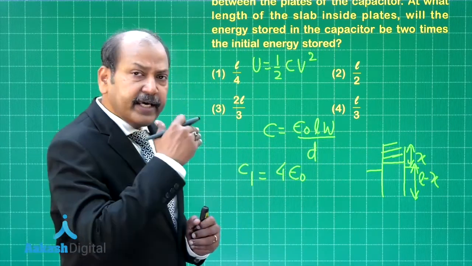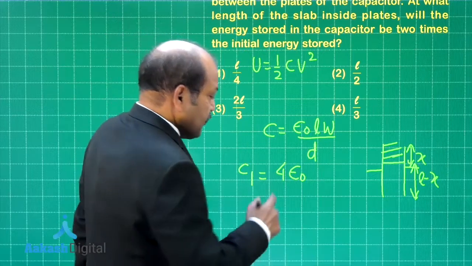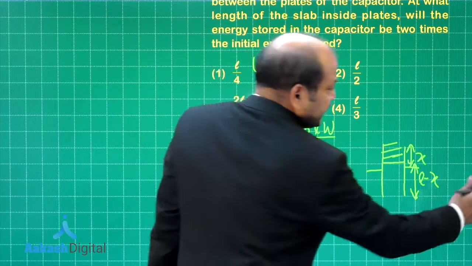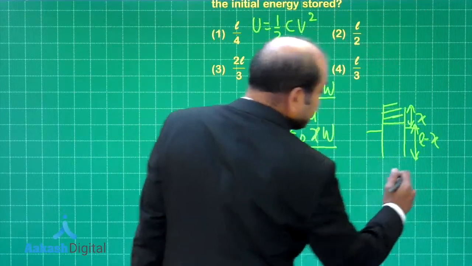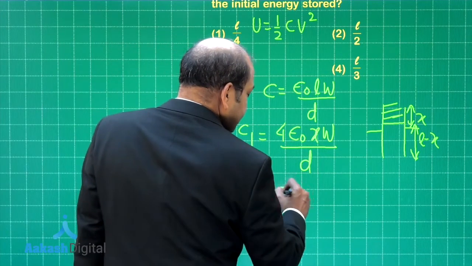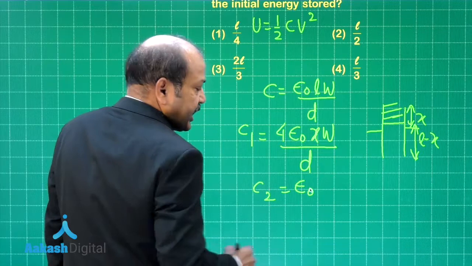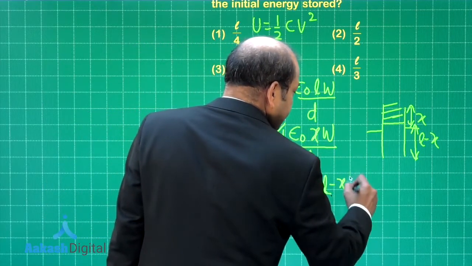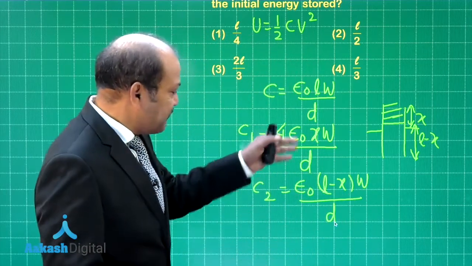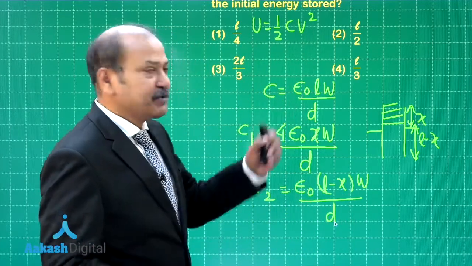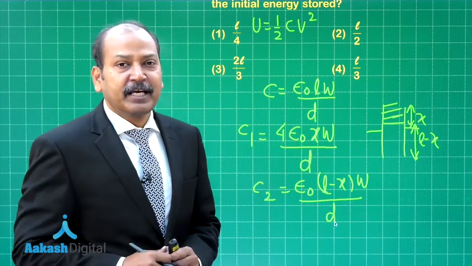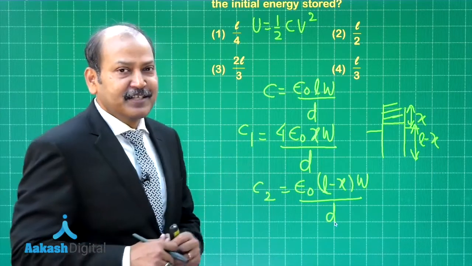The area would be X into W. So C1 is 4 epsilon naught X into W divided by D. Similarly, the capacitance of the other part, the part which does not have a dielectric, we can write as epsilon naught, for area now we have L minus X multiplied by W, divided by D. And C1 plus C2 must be 2 times C for the condition of the problem to be satisfied, for the energy on the capacitor to be twice its initial energy.